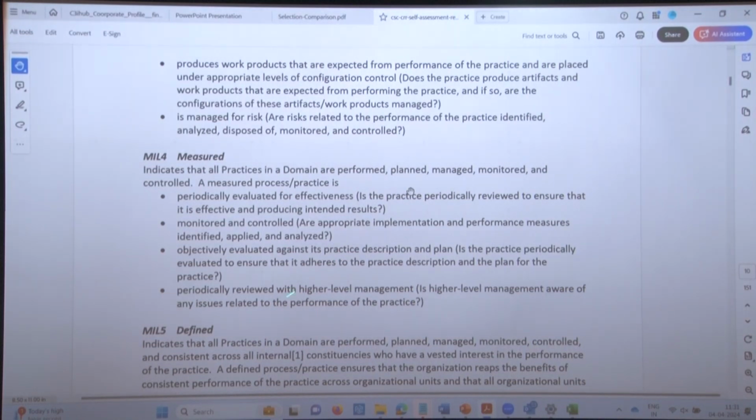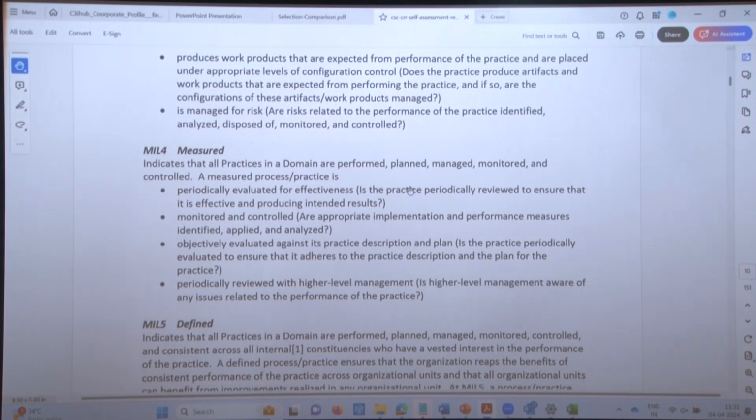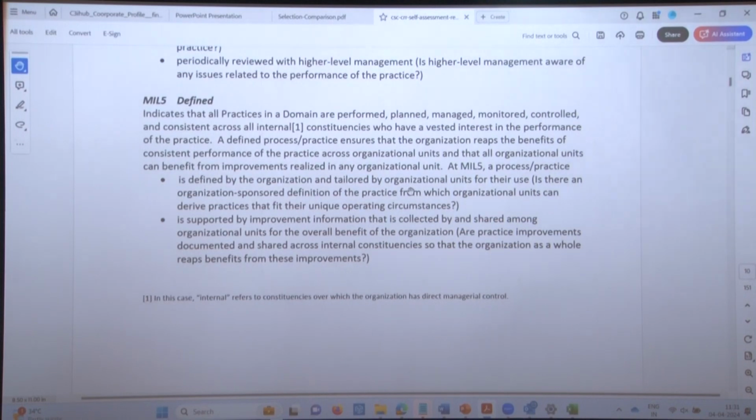If that practice is periodically reviewed with high level management, and you are actually evaluating its effectiveness, then you are at MIL 4, that is measured.